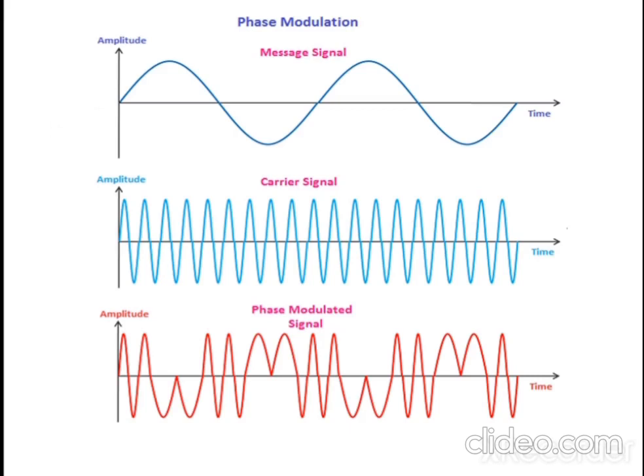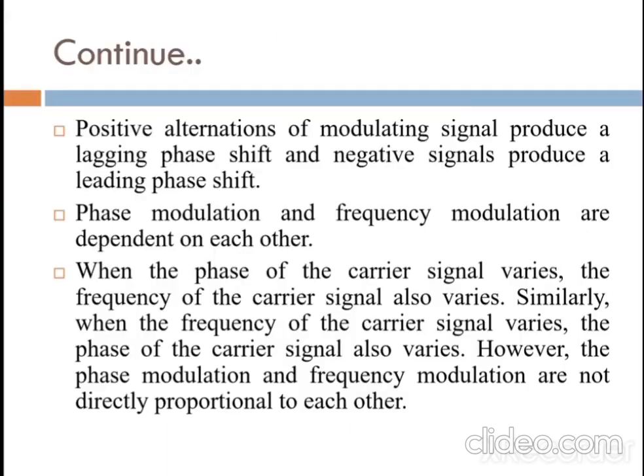Again here the signal changes. When the phase of the message signal is changed, then the phase of the carrier is changed. Okay, this is the explanation of phase modulation.